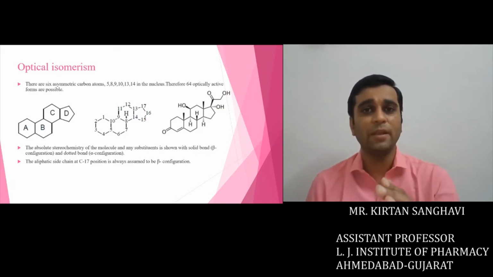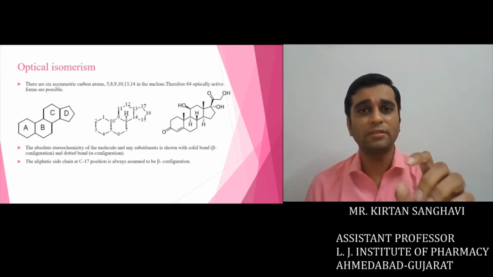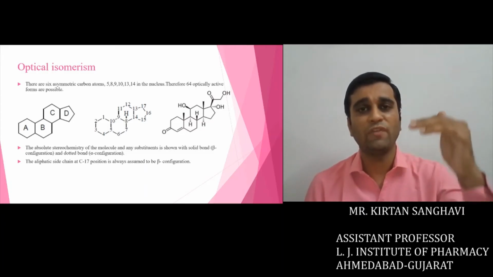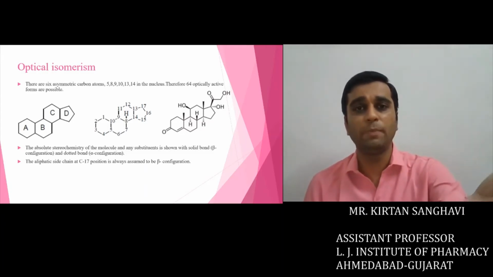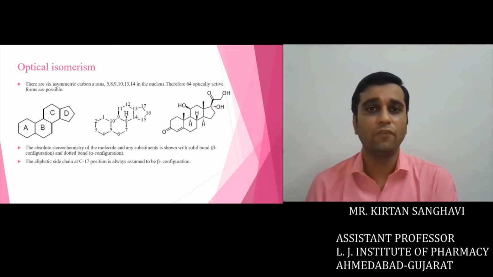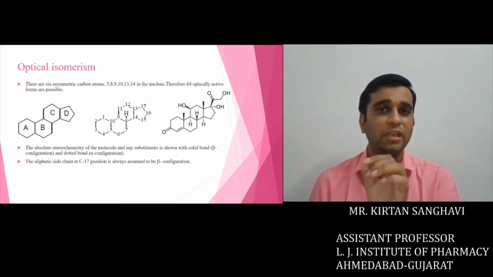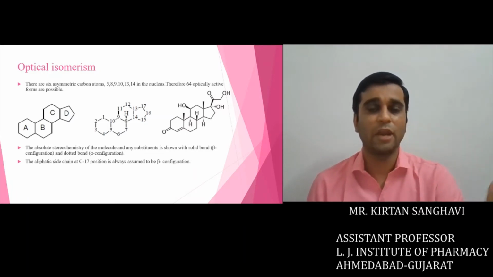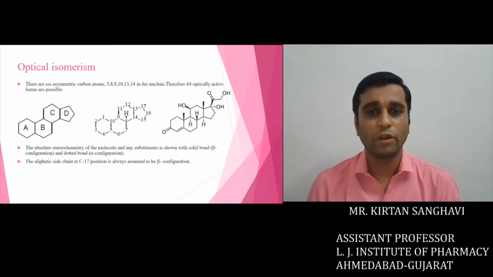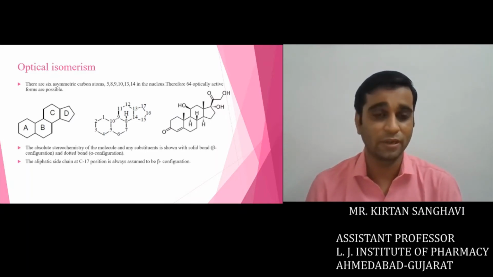Generally, we always say that if a dark bond is there, a substituent, or if it is a hydrogen, that is above the plane, so that has beta configuration. If I talk about the dash bond, that is the backside of the plane, of course we say dotted bond, that is alpha configuration. Fine.